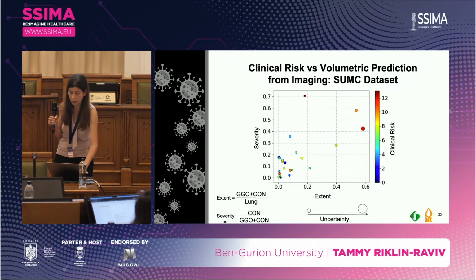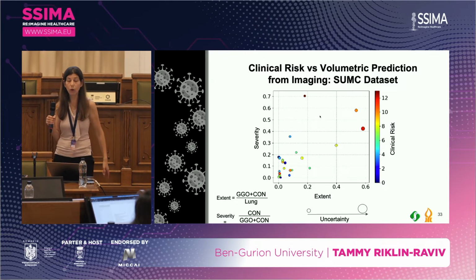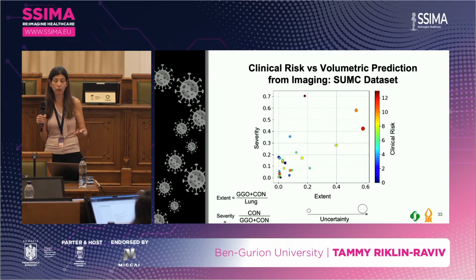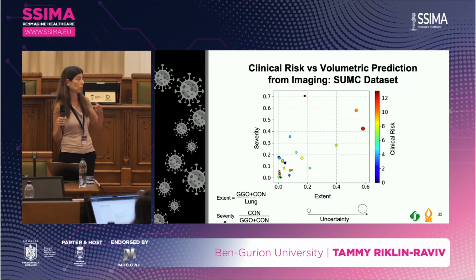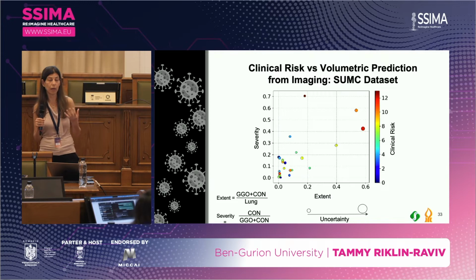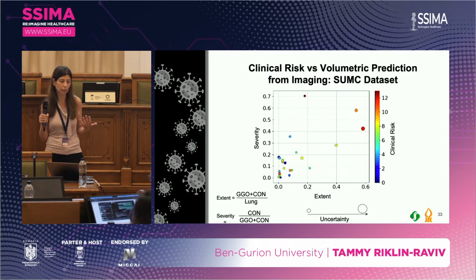Since we went over all these patients, I can tell you there is one young patient who had a very severe lung disease, but was young, and all the clinical measures were good.